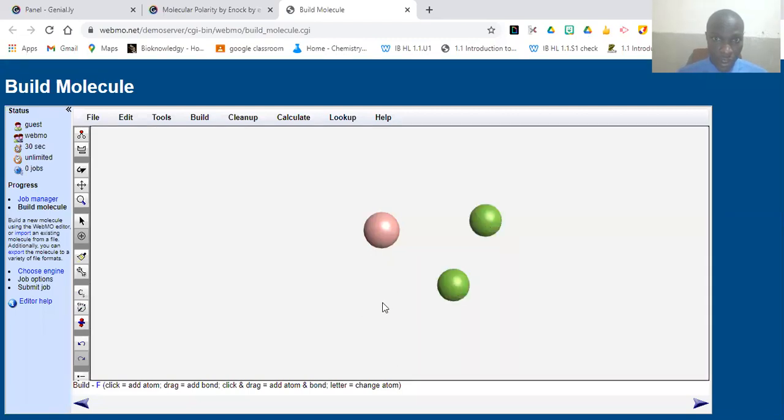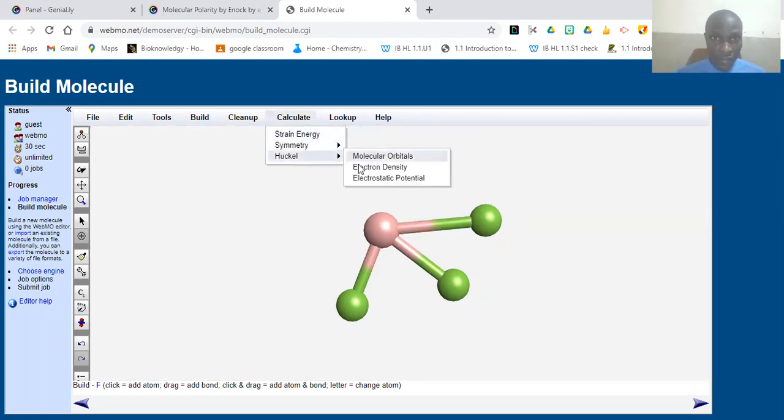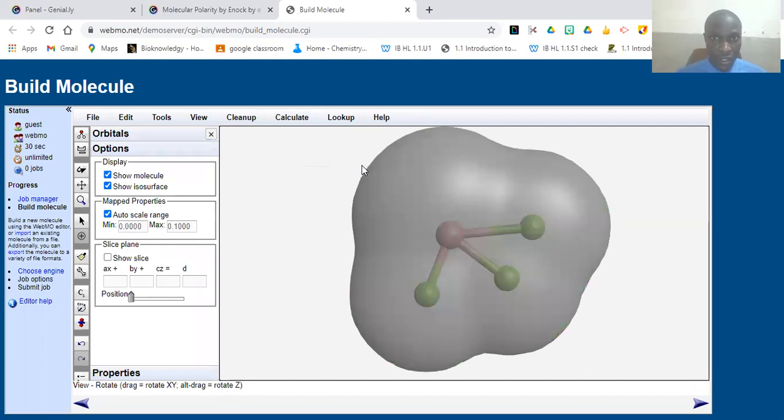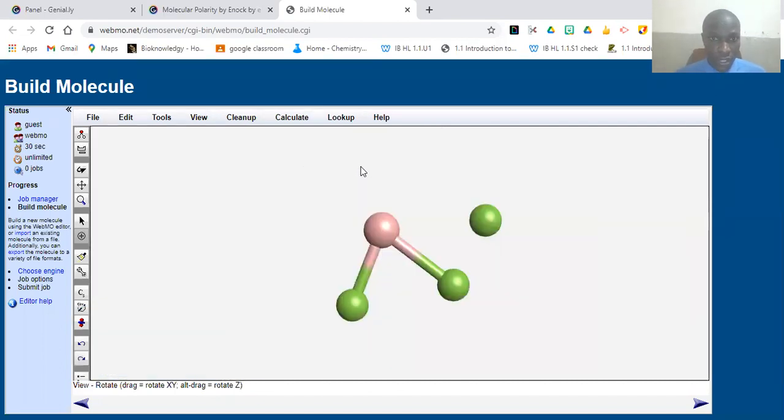So there are three atoms. Let me try to put that bond. Okay. Let's check the electron density. Just a moment. Then first add the fluorine again.